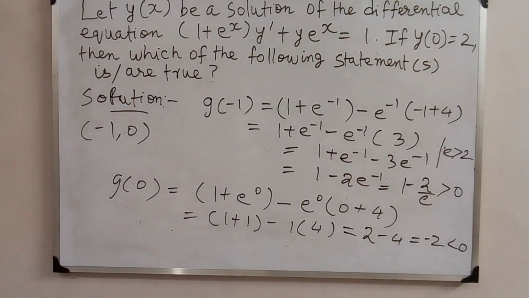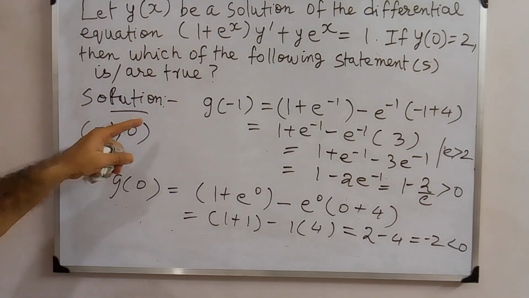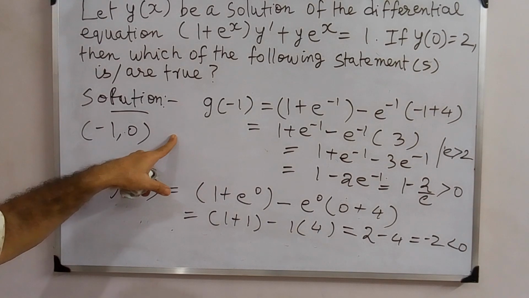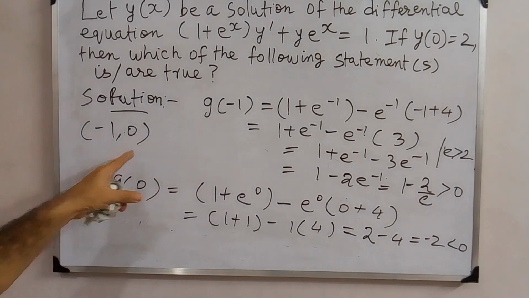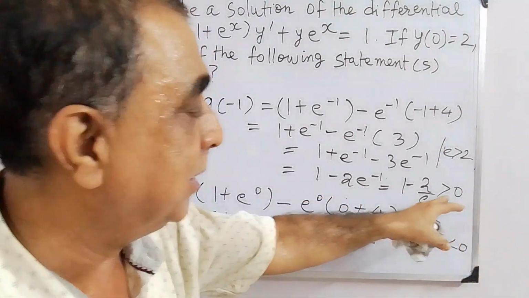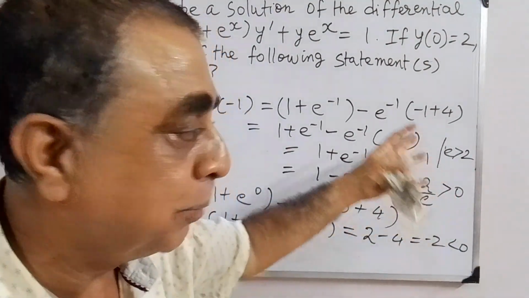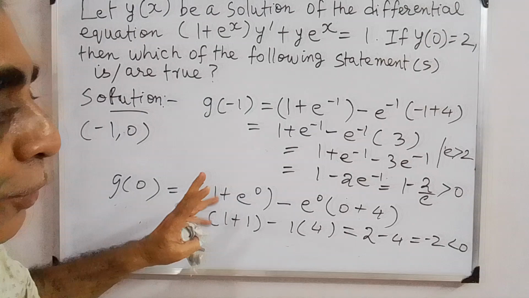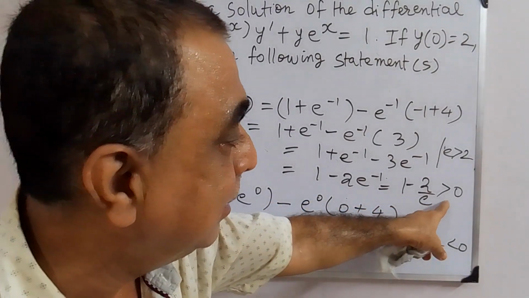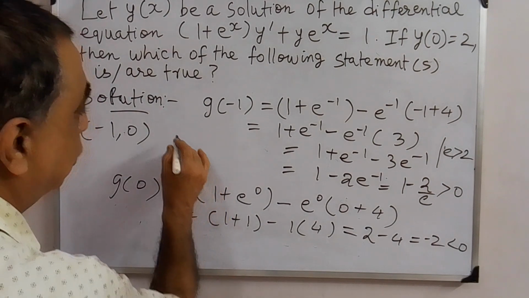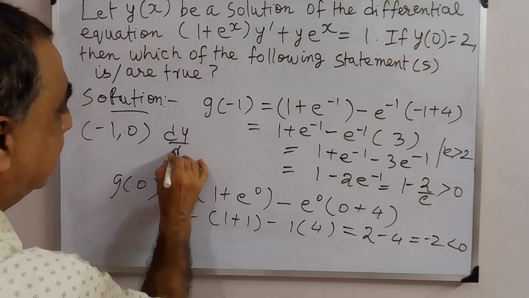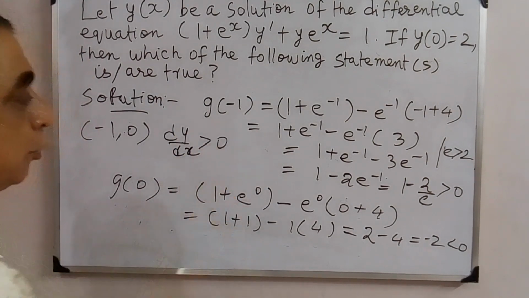So what we see is that when g(x) is greater than 0, that means the numerator is greater than 0 and the denominator is also greater than 0, so dy by dx becomes greater than 0.